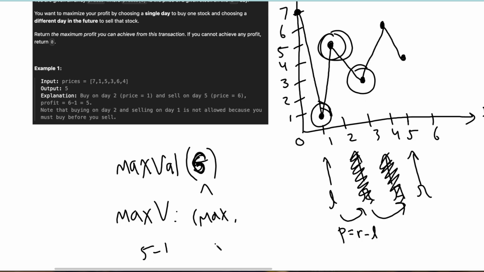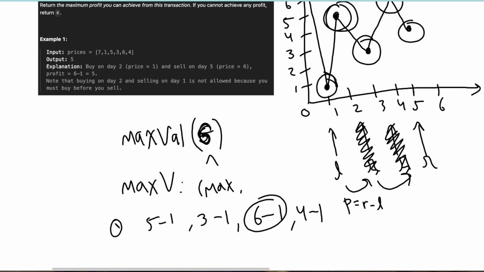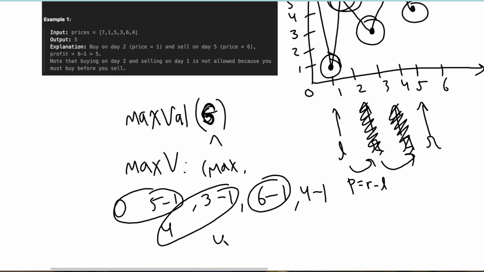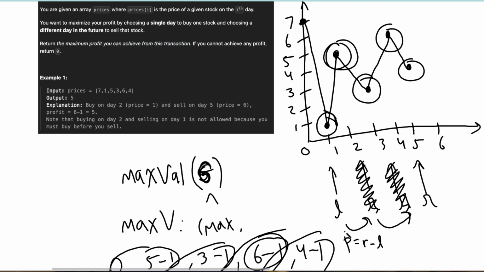Then it became 3 minus 1, then 6 minus 1, and then 4 minus 1. The max of all of this is 5, and we store it incrementally. First the max is 4, then still 4, then 5, then still 5. So we output 5, as we see in the example.